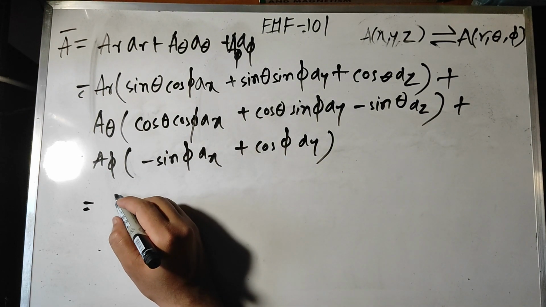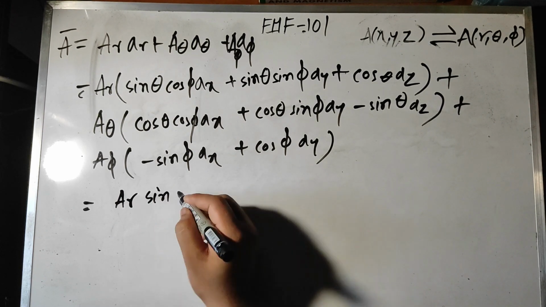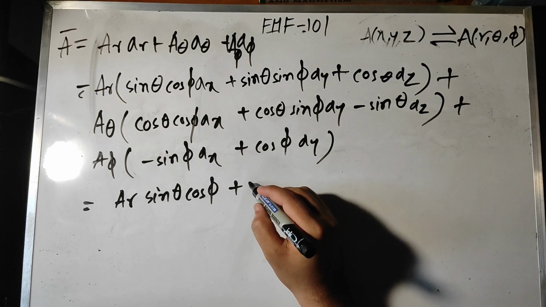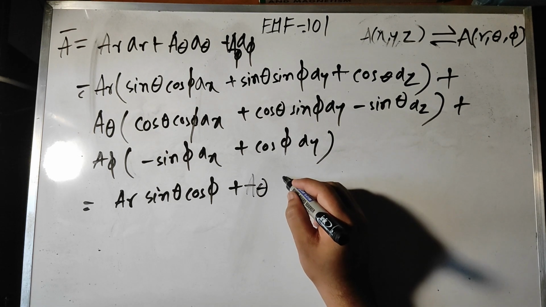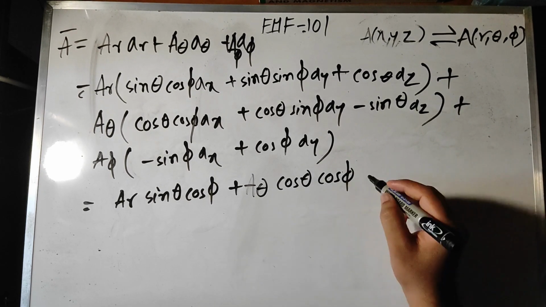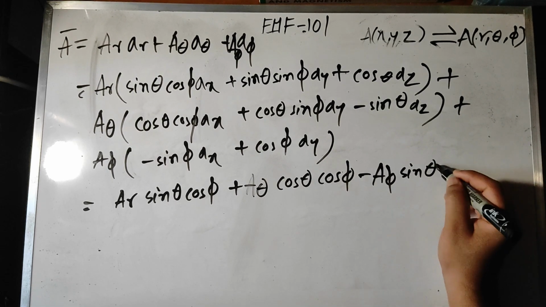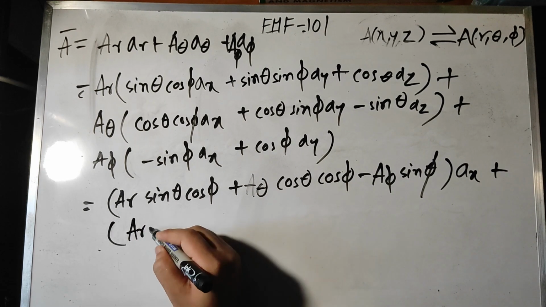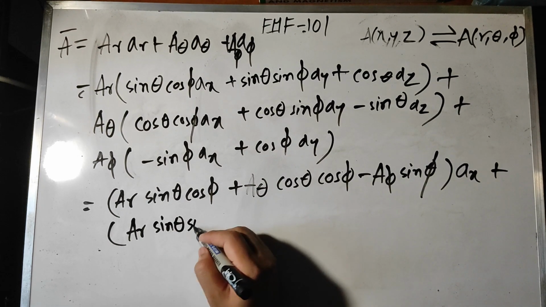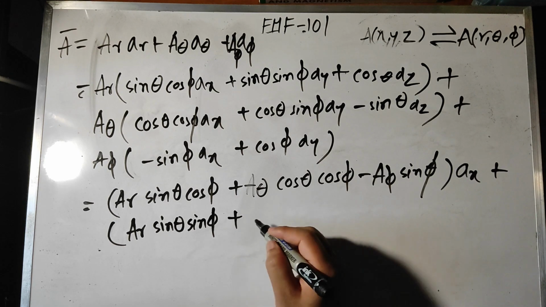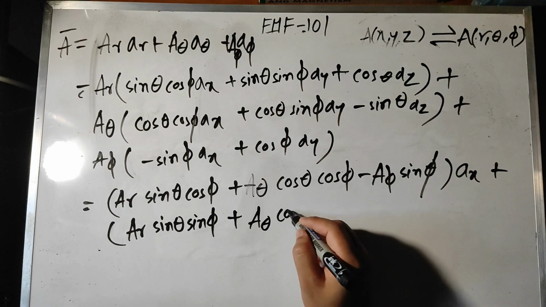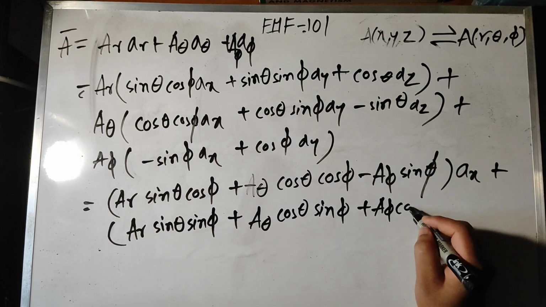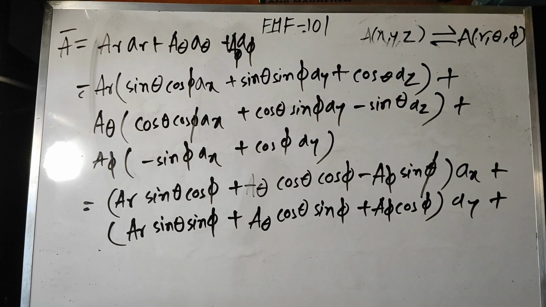Rearranging this will give (Ar sin theta cos phi plus A theta cos theta cos phi minus A phi sin phi) ax plus (Ar sin theta sin phi plus A theta cos theta sin phi plus A phi cos phi) ay, in the direction ay.